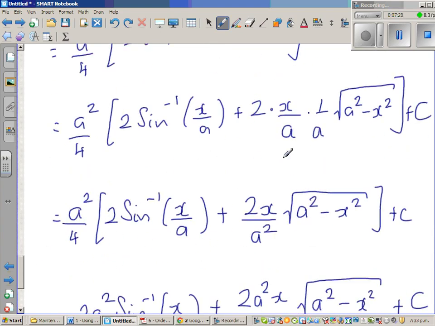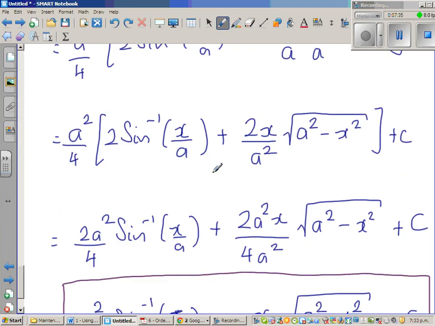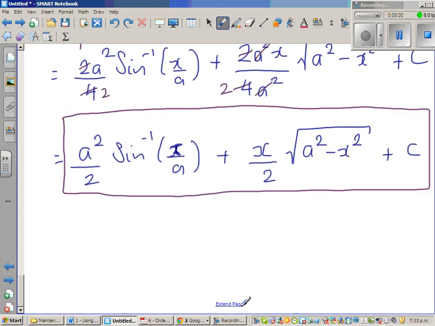This becomes 2x over a squared times the square root, and then expanding with a squared, this is 2a squared over 4 times sine inverse of x over a plus 2a squared x over 4a squared. So this becomes half, the a squared cancels, and this is again half. Finally, this is the final result.